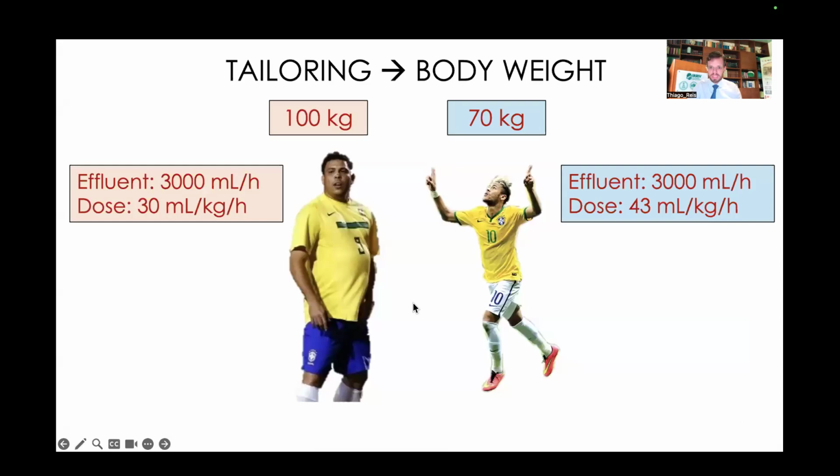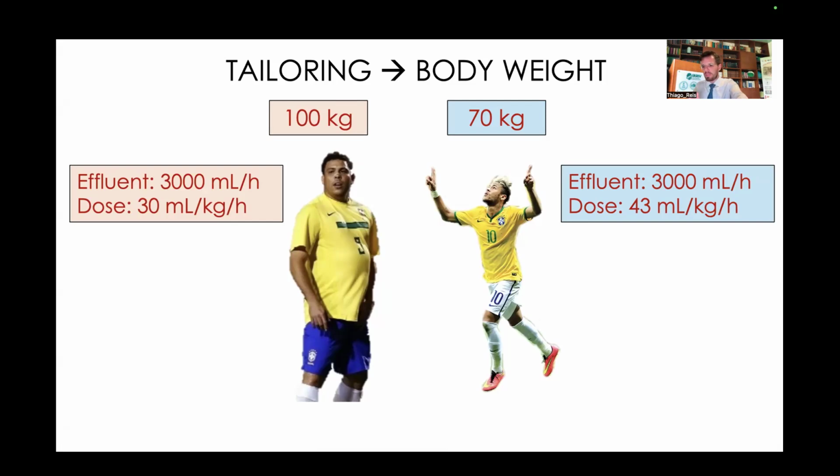In CRT, we have the concept of dose, which is the amount of fluid leaving the machine, or the amount of fluid being utilized either as dialysis fluid or replacement fluid, and this in relation to patient body weight. So it's not correct to apply one size fits all and apply an effluent dose of 3000 mLs per hour.